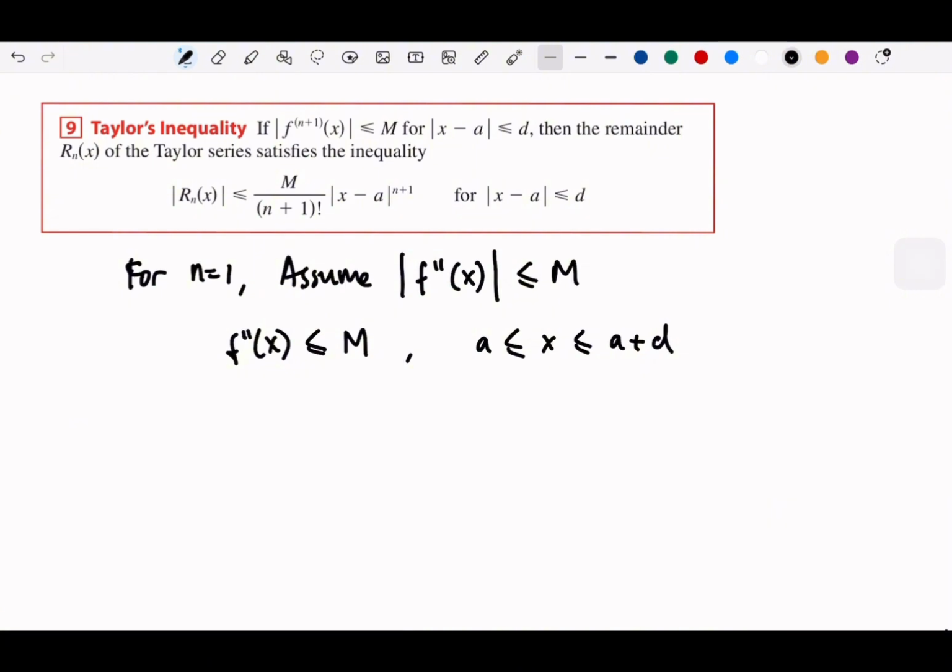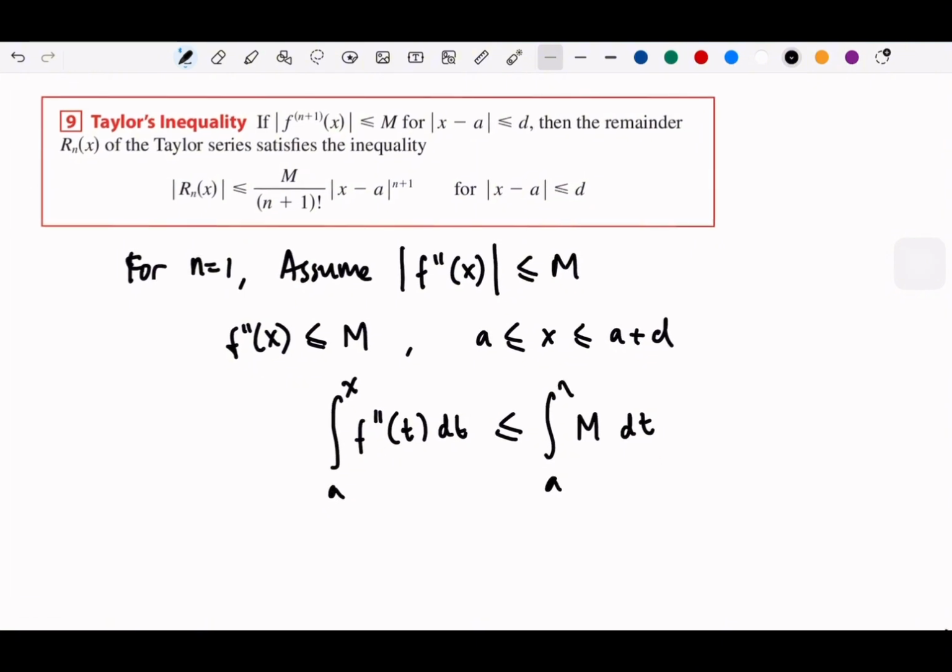So the integral of f double prime of t dt should be less than or equal to the integral of M dt, from a to x.